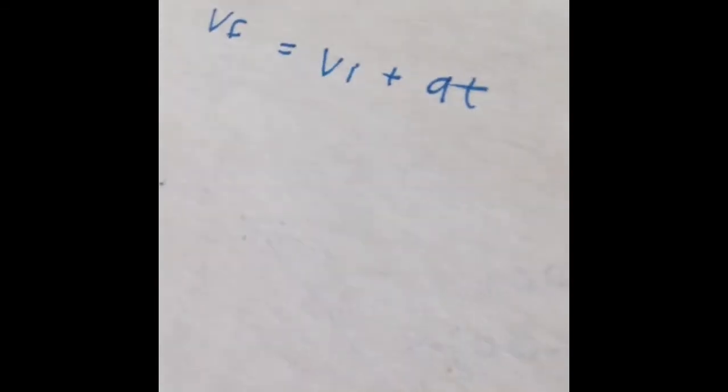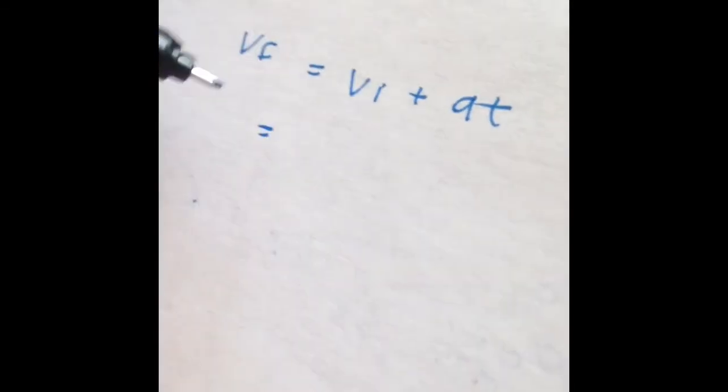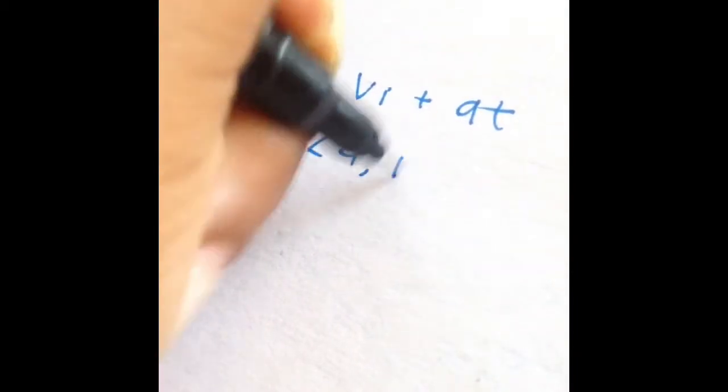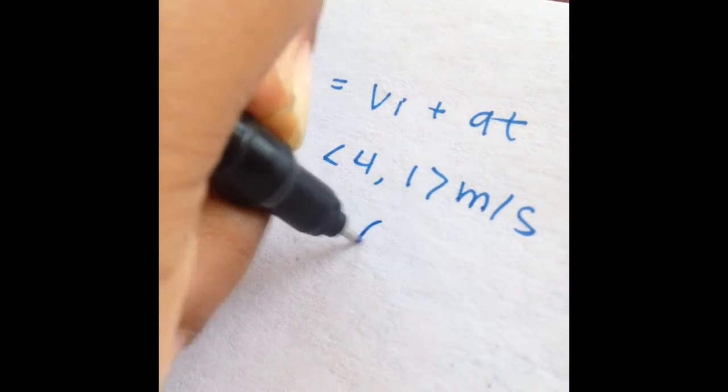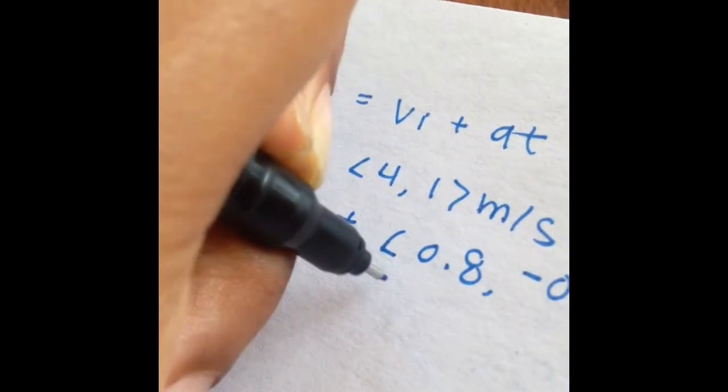So again, you can use your kinematic equation, which is going to be final velocity is equal to initial velocity plus acceleration times time. And you just plug in your initial velocity, which is 4,1 meters per second, add it to your acceleration, which is 0.8 negative 0.3 meters per second squared, times time, which is 25 seconds.